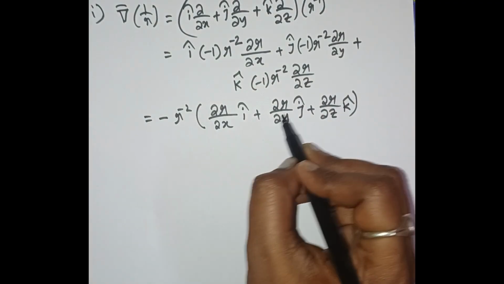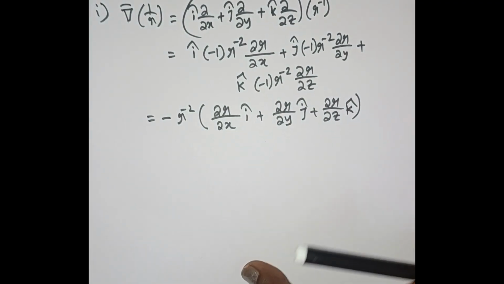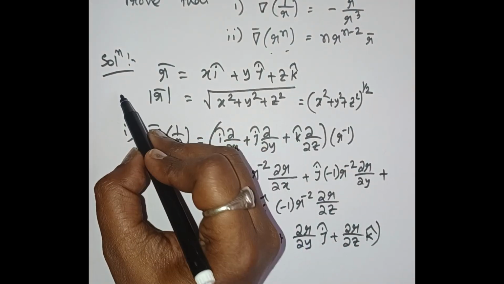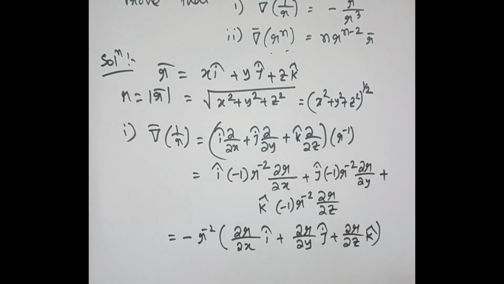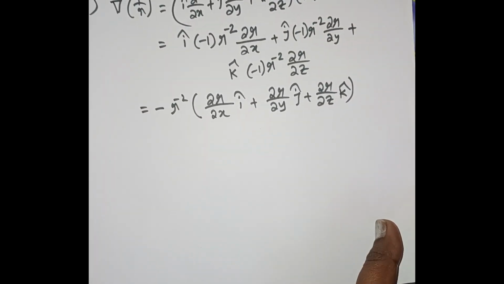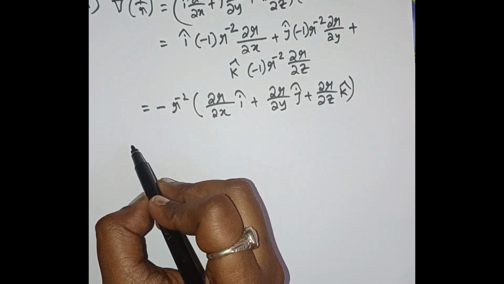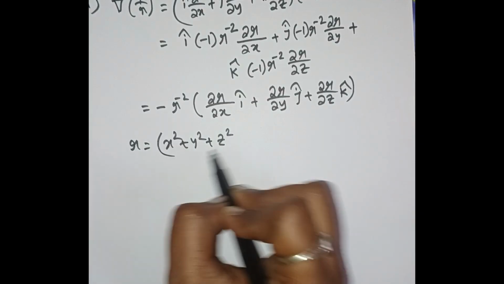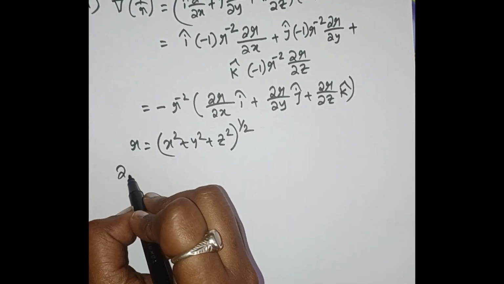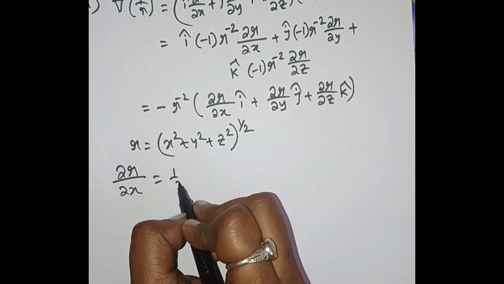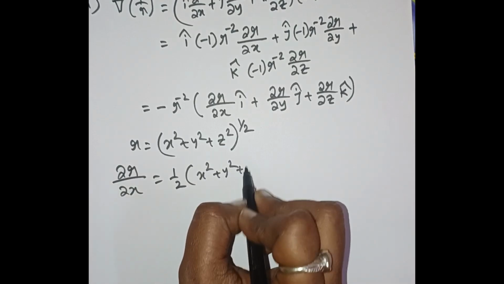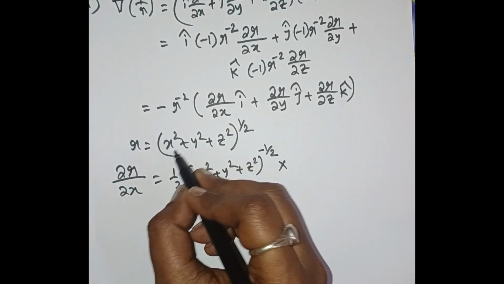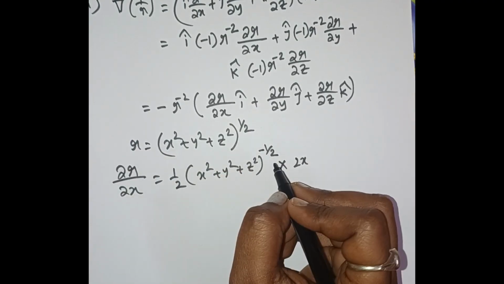Now we have to calculate del r del x, del r del y, del r del z. You can see that r is a symmetric function, so we will just calculate del r del x, and similarly we will write the others. So r equal to (x square plus y square plus z square) power half. So del r del x is equal to half (x square plus y square plus z square) power half minus 1, that is minus half, with respect to x, this is 2x and others will be 0.